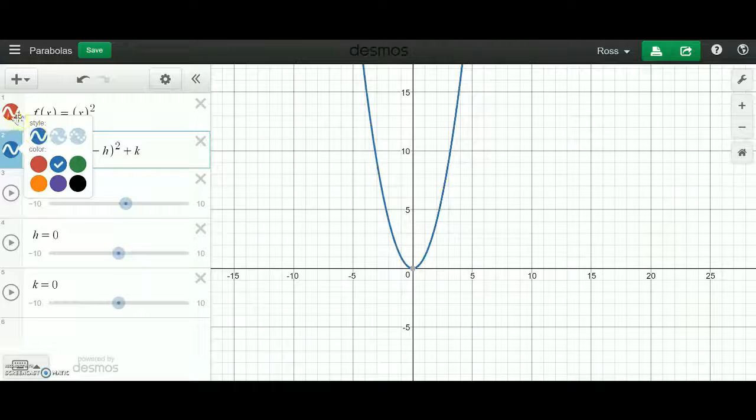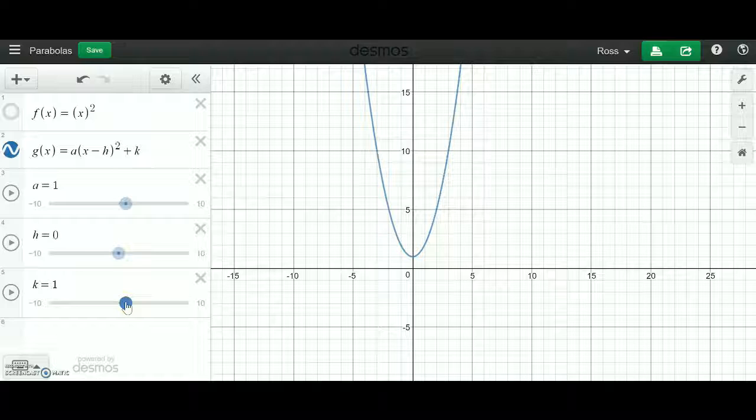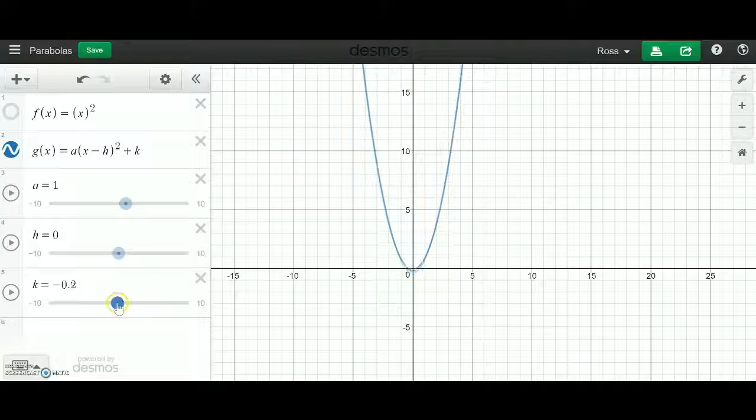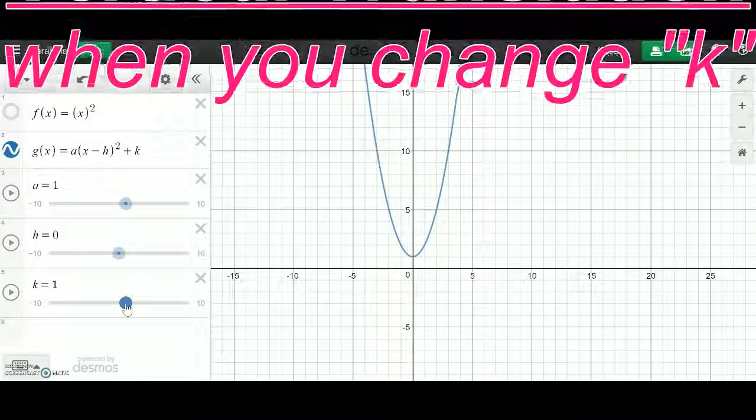But what happens if I were to change, let's say, k? So I'm changing this value. Right now I'm adding 0 to it, but what happens if I were to add a positive 1 to it? Notice what happened to my graph. I was here, and now the parabola is shifting vertically, or vertically translating 1 unit.